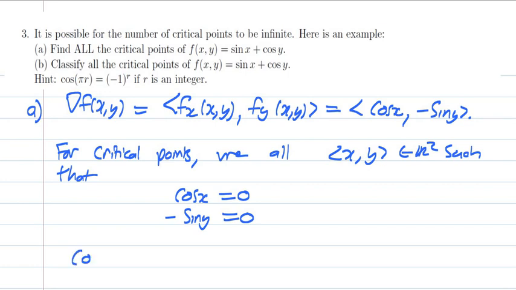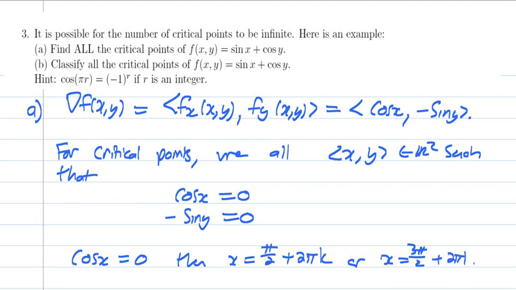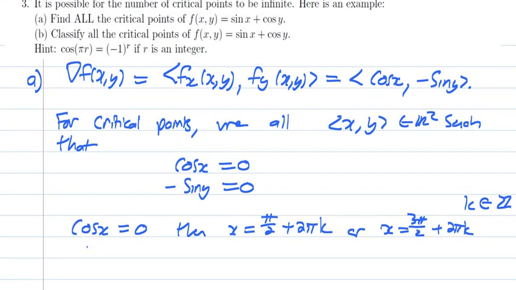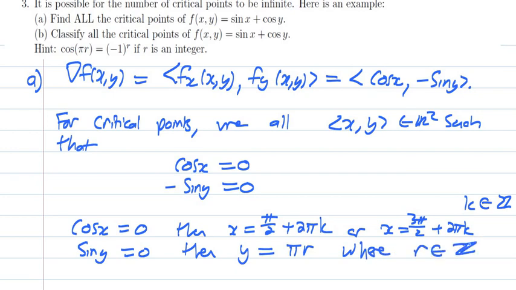If you solve cos x equal to 0, then you see that either x is pi over 2 plus an integer multiple of 2 pi, or x is 3 pi over 2 plus an integer multiple of 2 pi, where k is an integer. And if you study the sine curve, then sine y equals 0 when y is equal to pi r, where r is an integer.